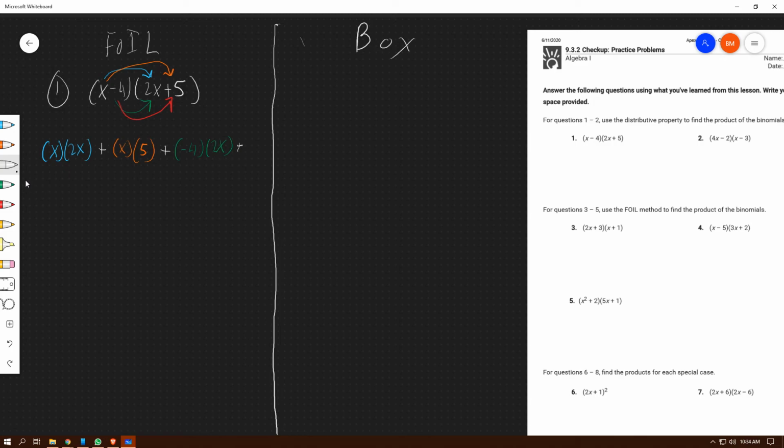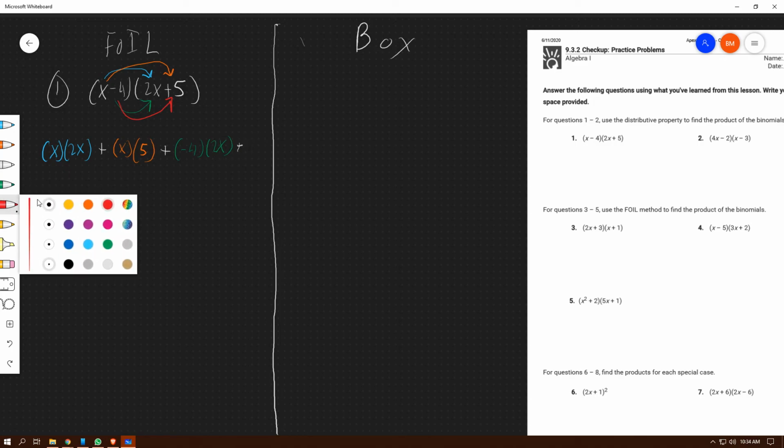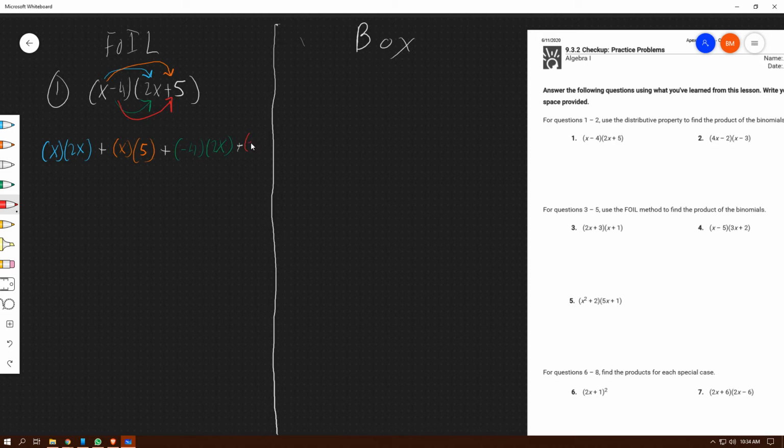Ooh, I'm going to run out of room. And then I'm going to have negative 4 times 5. So I multiplied everything in the first binomial by everything in the second. End up with this. So x times 2x is 2x squared. x times 5 is going to be 5x. Negative 4 times 2x is going to be negative 8x. And this is going to be negative 20.